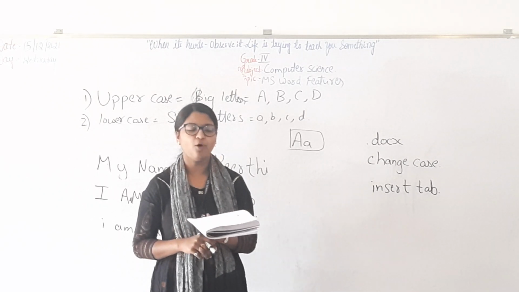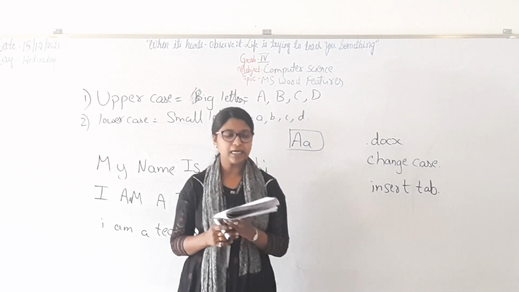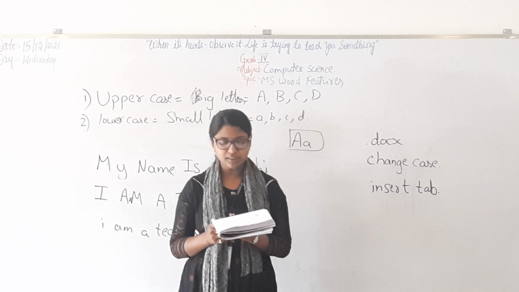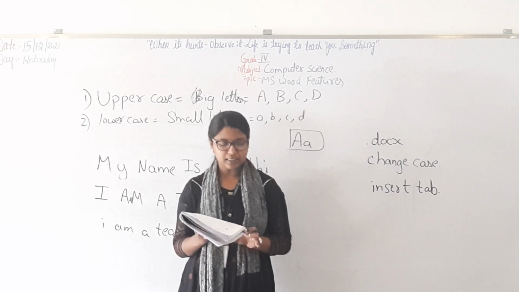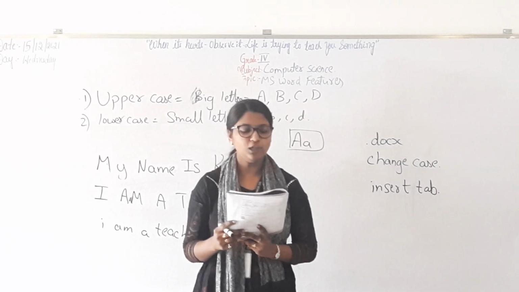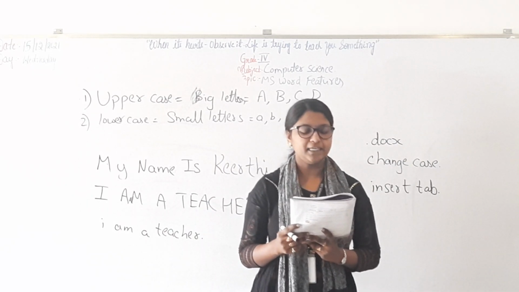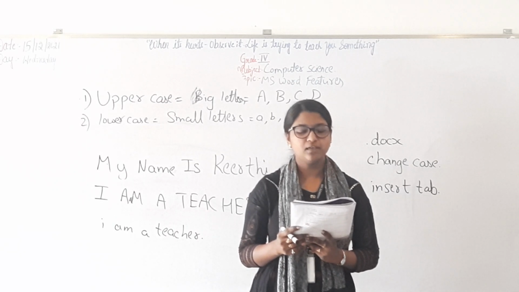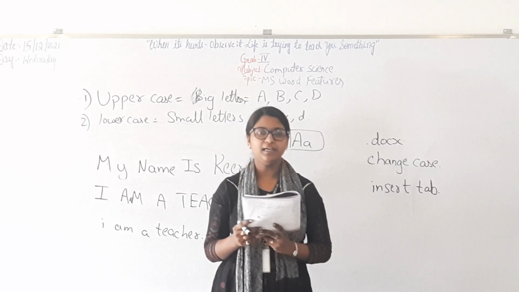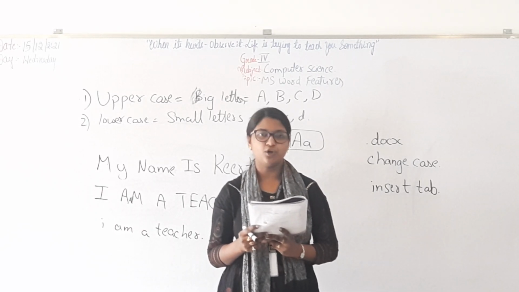What do you mean by formatting? Formatting means making a document attractive and presentable. Once more, formatting means making a document attractive and presentable. Next B. Name all the options present in the change case drop down list. Sentence case, lowercase, uppercase, capitalize each word and toggle case. These are the options we have in the change case drop down list.